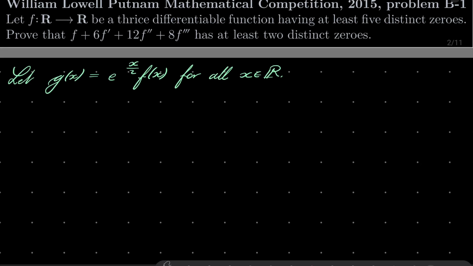You can verify it yourself that g prime of x, using the product rule a bunch of times, can be written as e to the power x over 2 times f of x plus 2 times f prime of x.